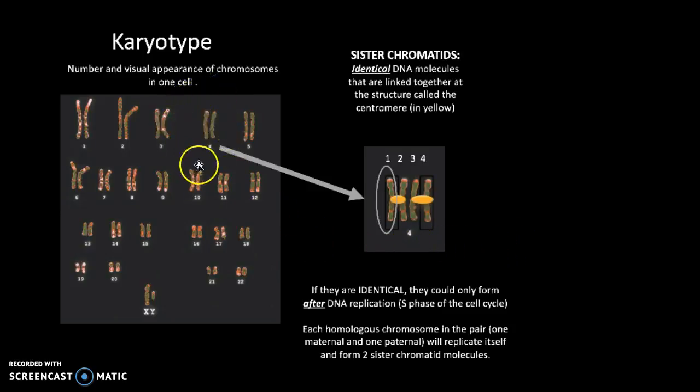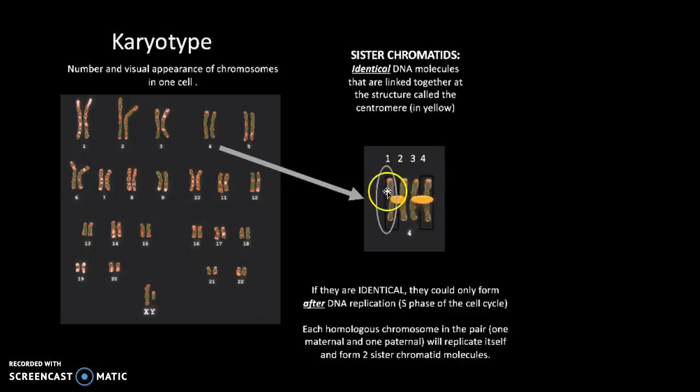If you look over here at chromosome pair number 4, the maternal one, the one on the left side, will replicate itself, and it will stay attached to that replicated chromosome through a structure at the center called the centromere. This arm is identical to this arm. They're not similar, they're identical. The same will happen with this paternal one over here. It will replicate itself and stay connected to that replicate via the centromere.